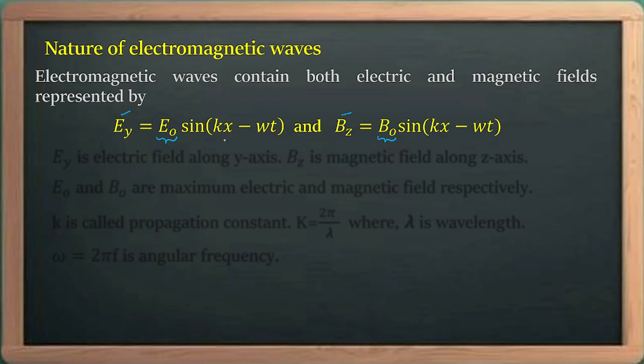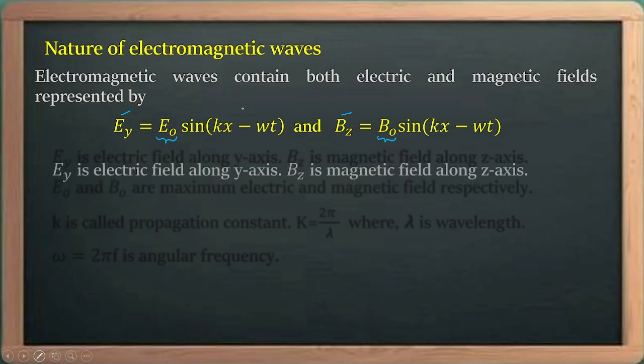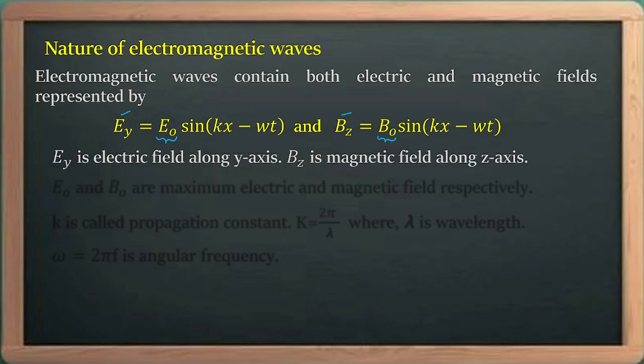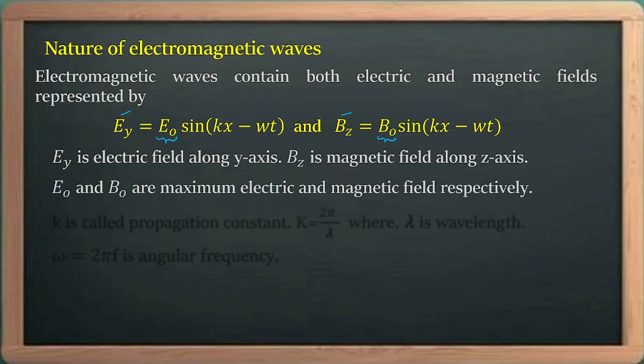But when it changes its angle, you have to consider the change in the value of electric field as well as magnetic field because they are sinusoidal. So the theta is given by kx minus omega t. Here Ey and Bz are the electric and magnetic fields in those particular directions, and E naught and B naught are the maximum values.